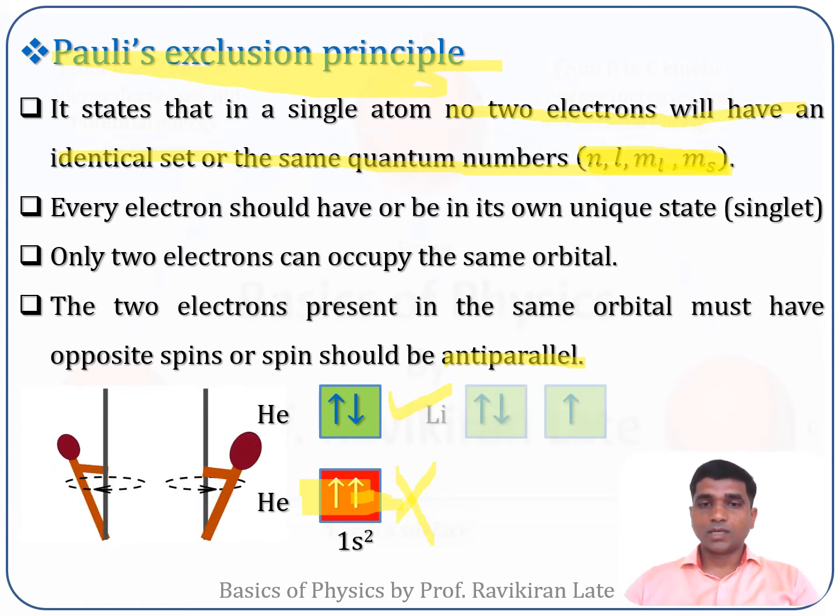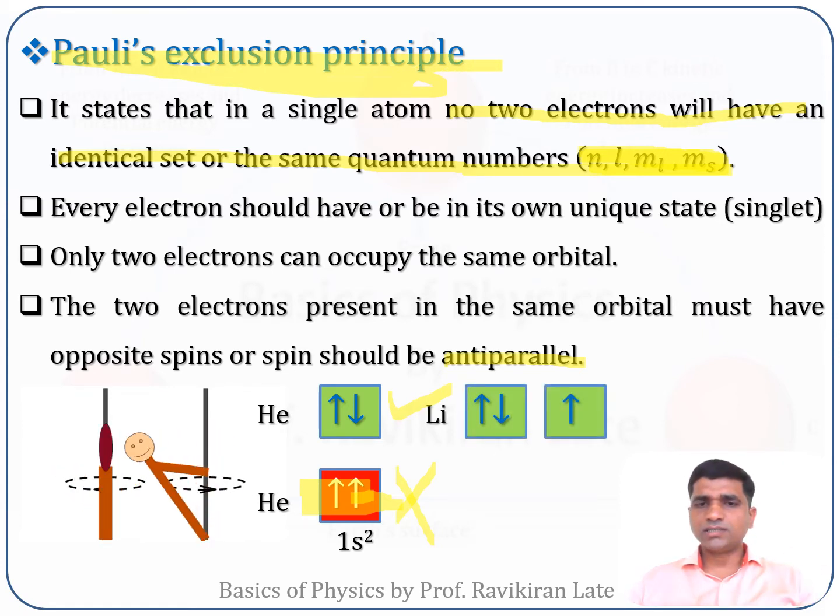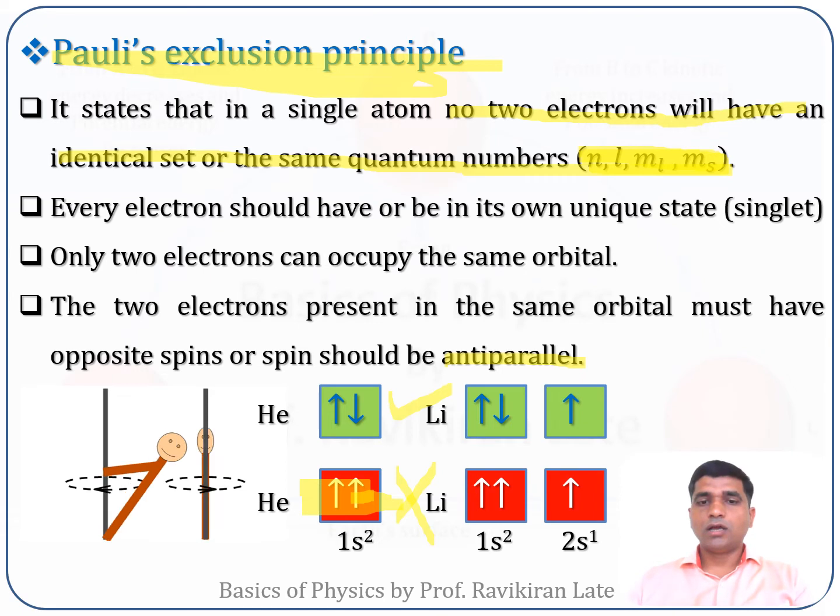Now next consider the case of a lithium atom. In the lithium atom, of the first two electrons, one will be up spin and the second will be down spin, and the third electron will go into the next orbital like this. But if I write the 1s2 configuration in this fashion, then this is not correct.